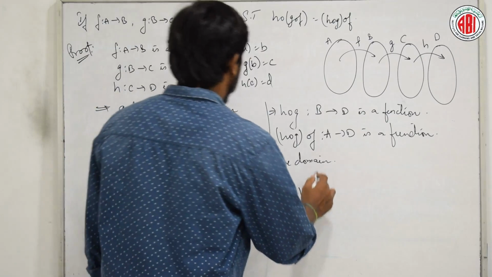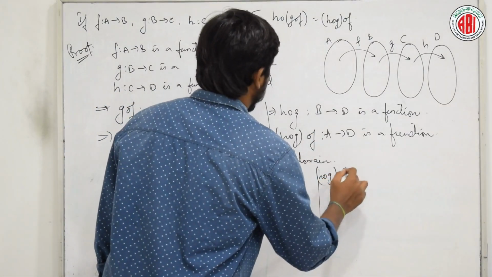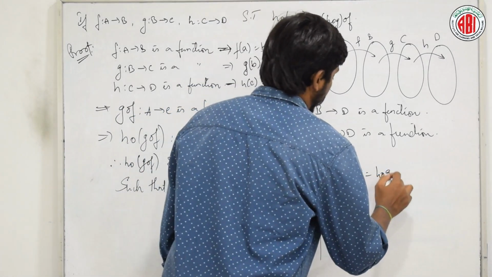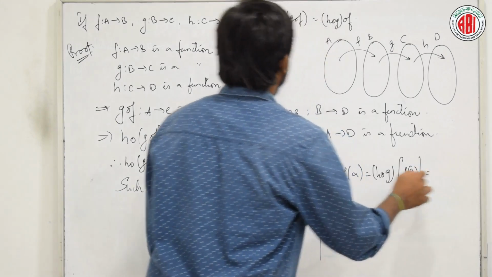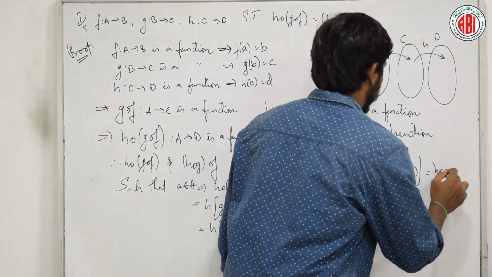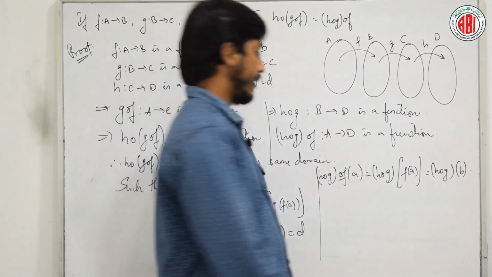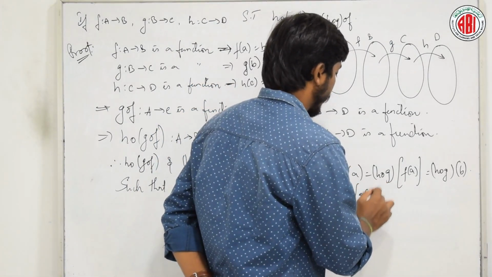Now let us write the other part. H circle g circle f of a is equal to h of g of f of a. What is this f of a? B, right? That is h circle g of b, that is nothing but h of g of b.